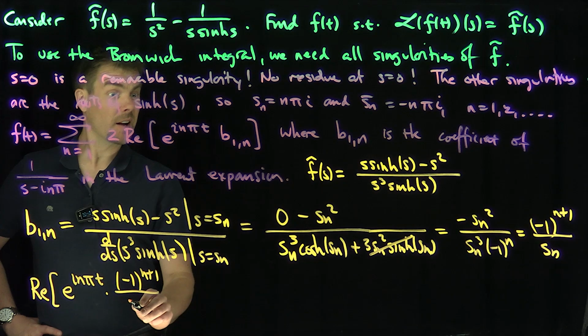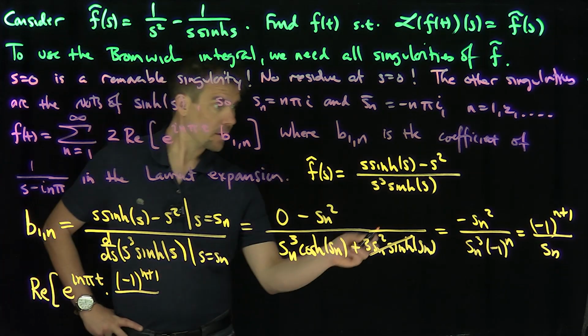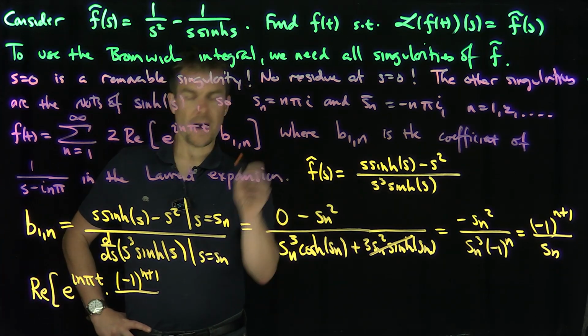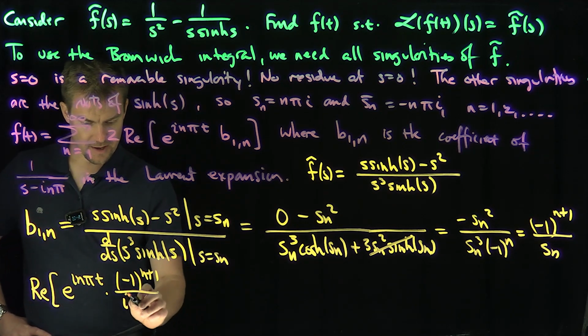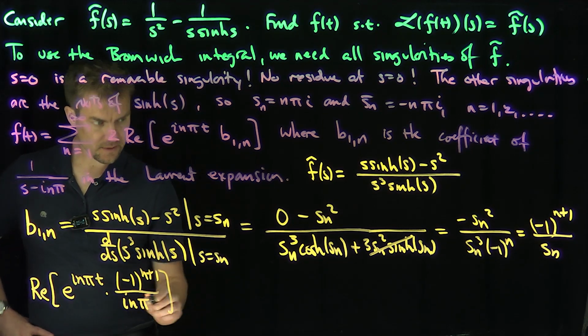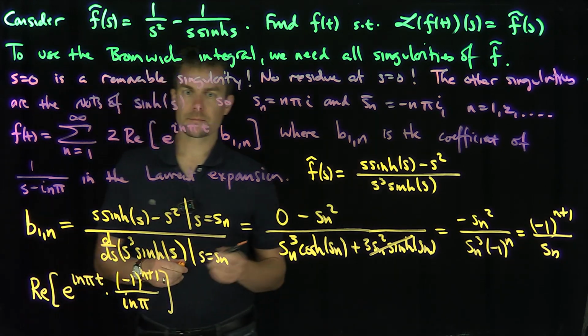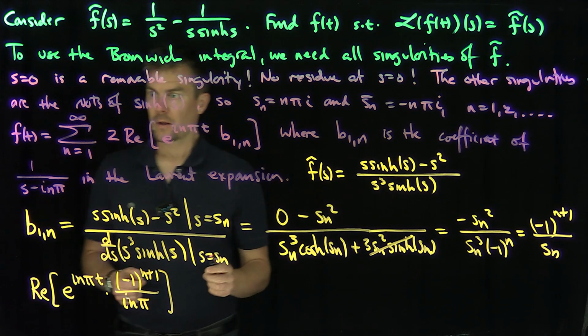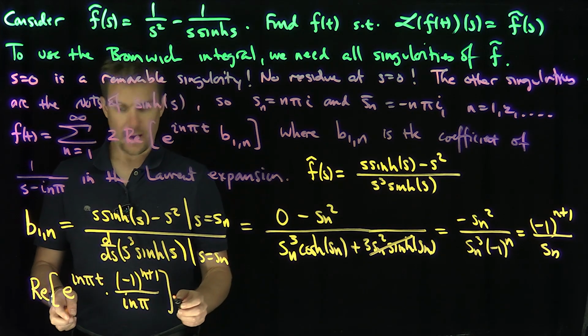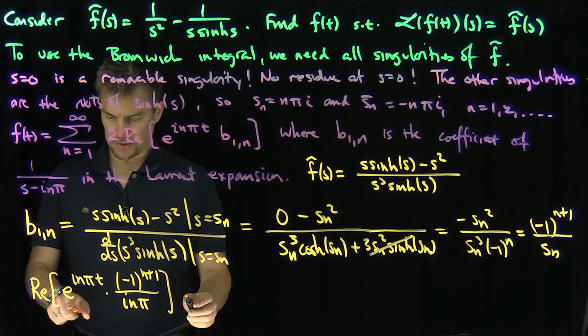Is going to be a factor of, let's see. So my Sn is going to be I n pi. So I have an I n pi like this. Great. And so now we're in good shape. Because what can I say? I can now say that this thing over here is exactly equal to what?